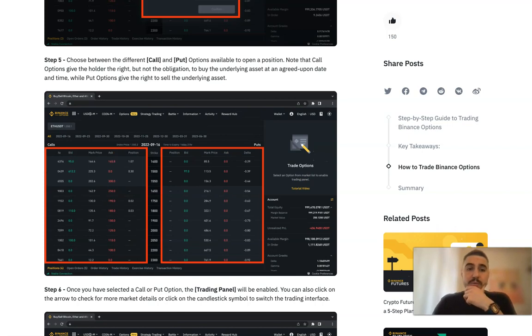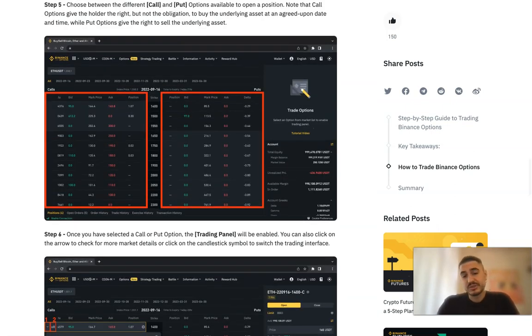Then afterwards, choose between the different call and put options available to open a position. Call options give the holder the right but not the obligation to buy the underlying asset at an agreed upon date and time, while put options give the right to sell the underlying asset.